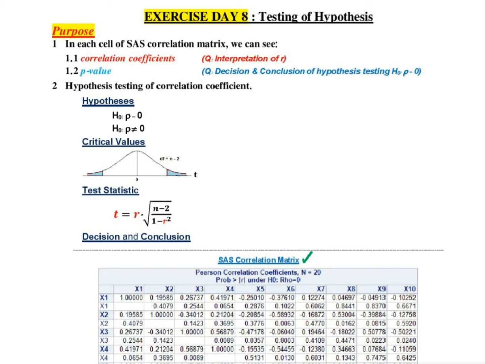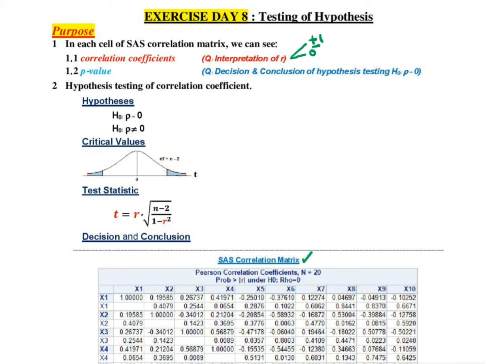R is between -1 and +1. If R is 0, there is no relationship between the two variables considered. If +1 or -1, then the two variables are in a perfect relationship.